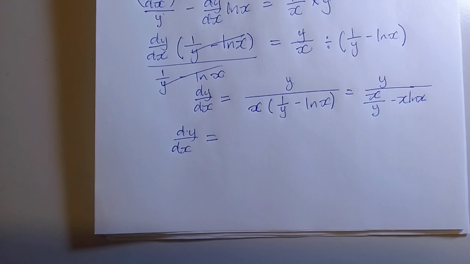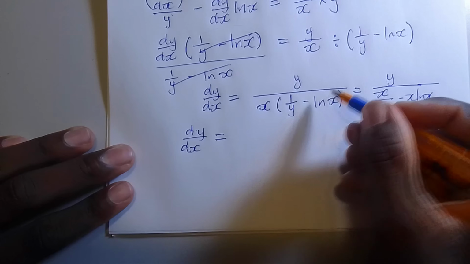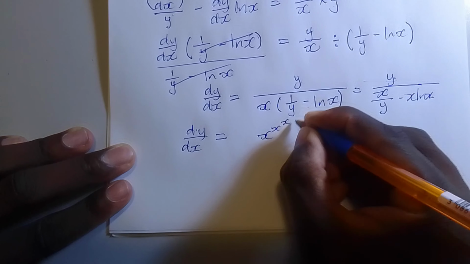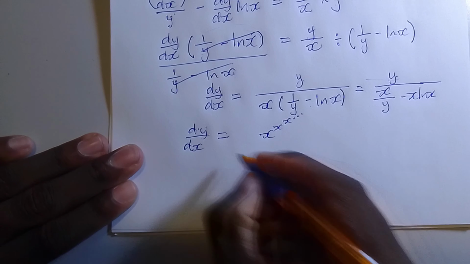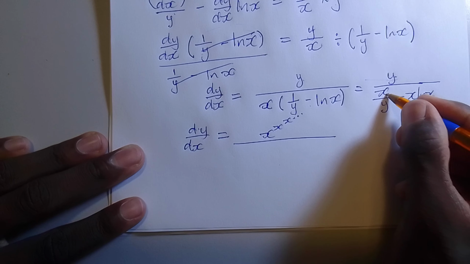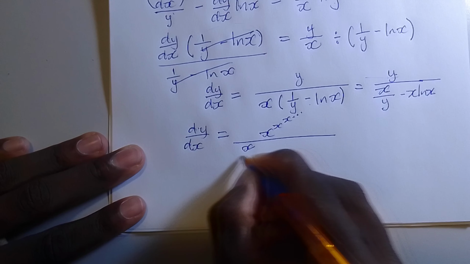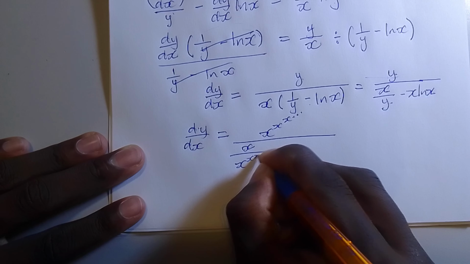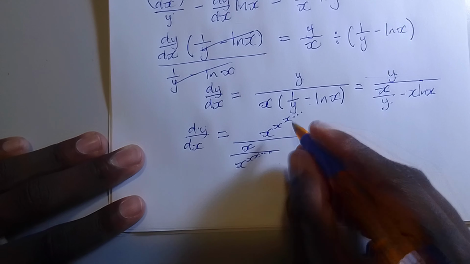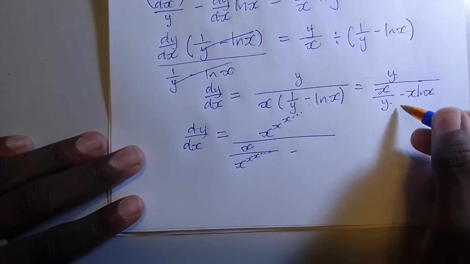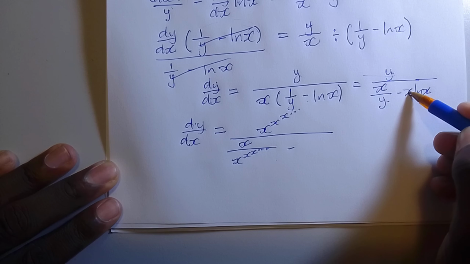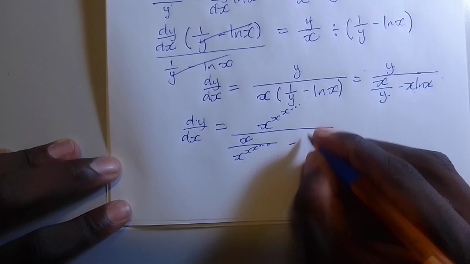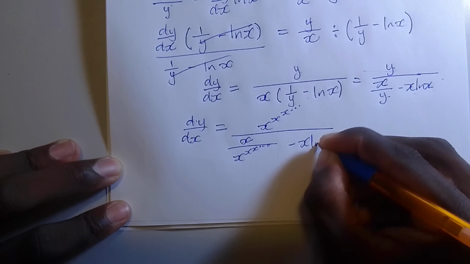We substitute x to the power of x to the power of x and so on. So this will be x to the x to the x repeated an infinite number of times, divided by, this will be x divided by y. Y is x to the x to the x repeated infinitely, minus, maybe you could say that this x can be the exponent of the x inside, but that's not useful in any way, I think. So let's just keep it as x ln x.